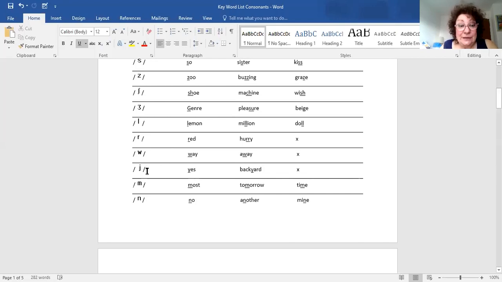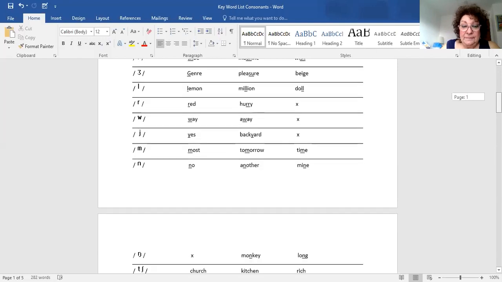And lowercase alphabet letter J, you need to know this doesn't have anything to do with what you know in the English alphabet. This is the sound of Y, like yes, and backyard. But if you look in your book as well, the glides begin on page 130 and continue to page 137, which is the Y. And now we're in nasals.